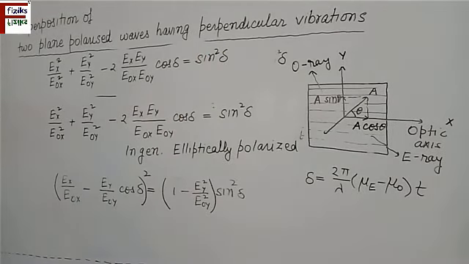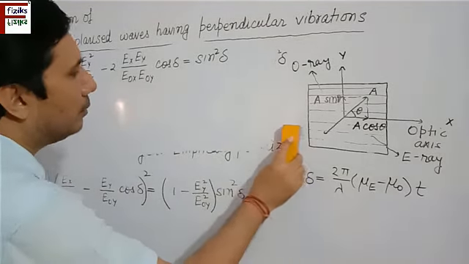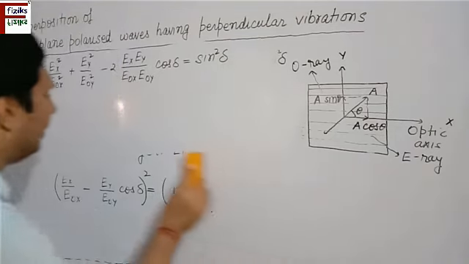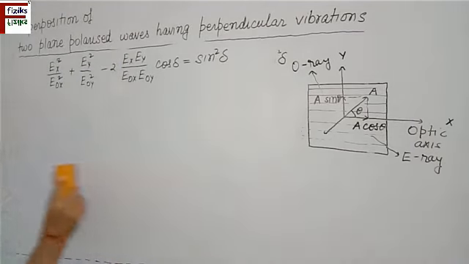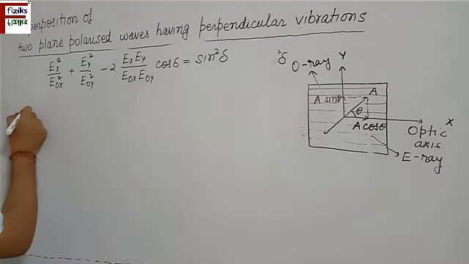So now there can be different cases on the basis of the thickness of the crystal. Different thicknesses will introduce different delta phase difference between O ray and E ray, and they will give rise to different types of polarization. So first is case 1.